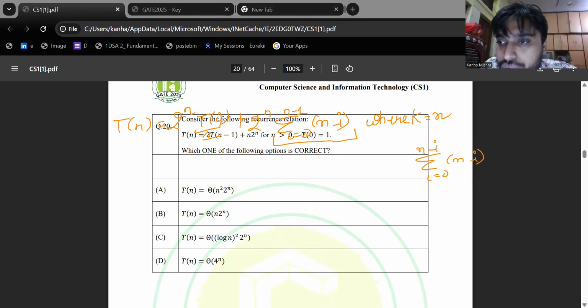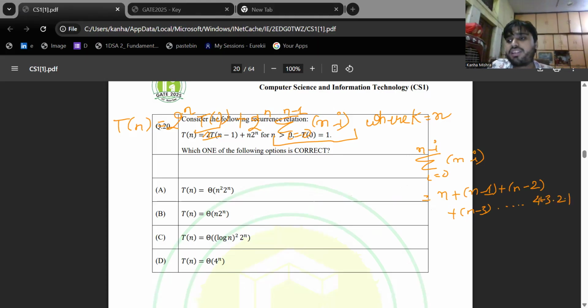If I put i equal to 0, it is n plus n-1 plus n-2 plus n-3, and so on down to 4, 3, 2, 1. It looks like a summation of n.